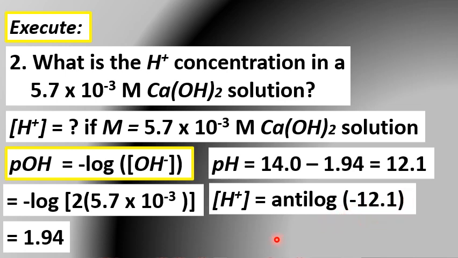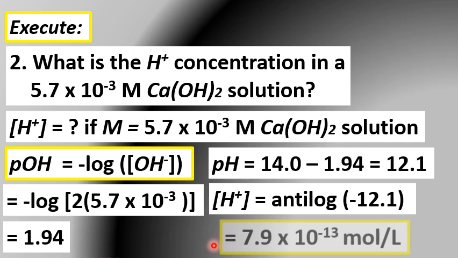Again, using our scientific calculator, the positive hydrogen ion concentration is just equal to 7.9 times 10 to the negative 13 moles per liter, or molars.